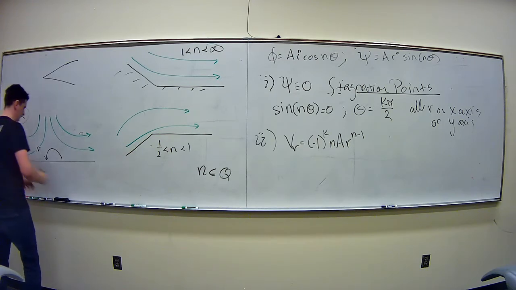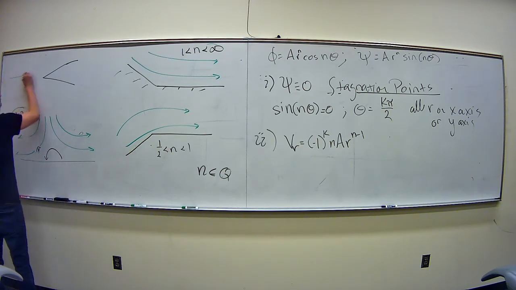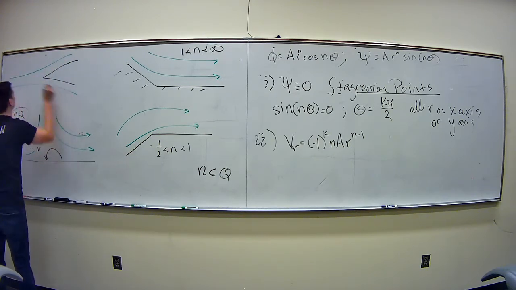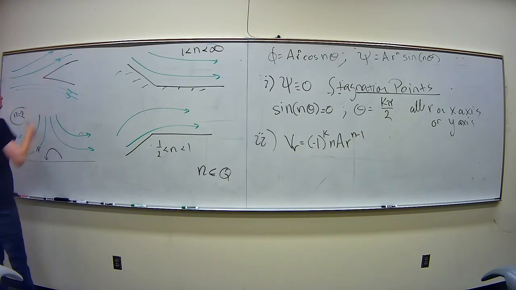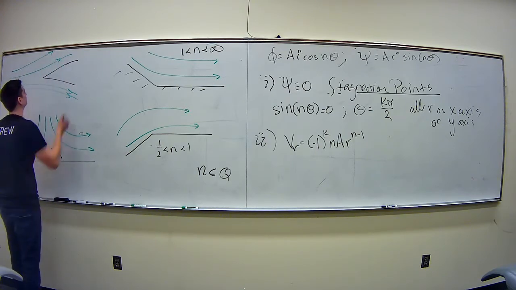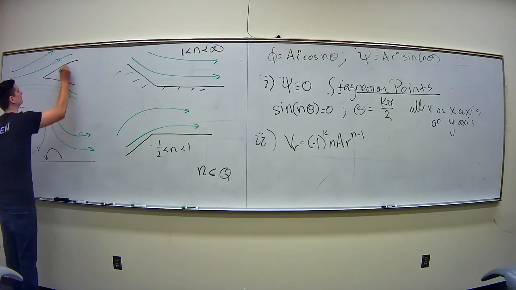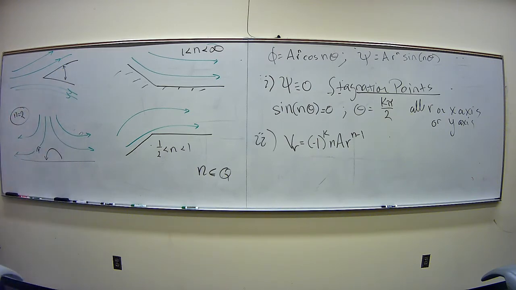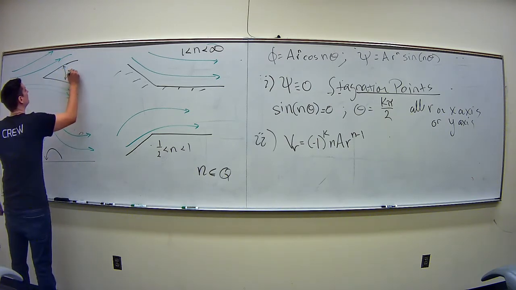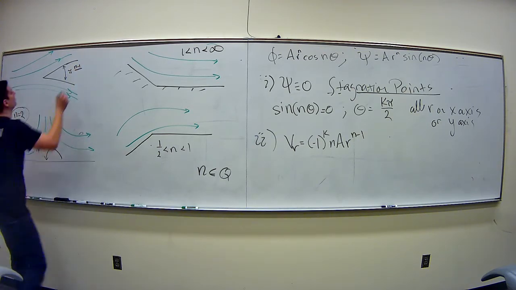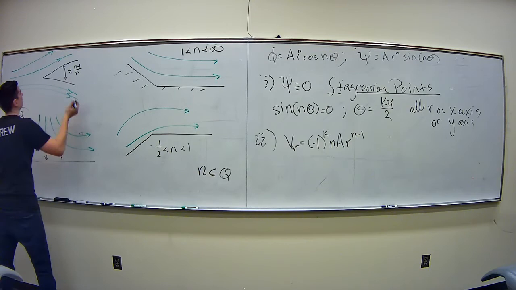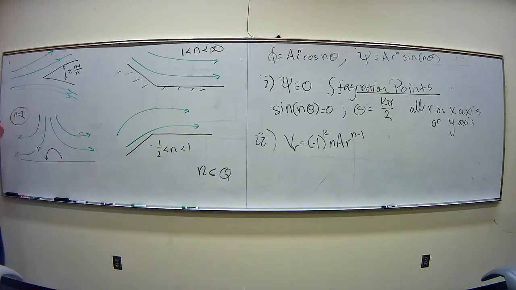flow over some sort of sharp point. That's what this is doing. Where this has some angle. Over an n? Yes, over an n. And this situation being only for strictly.